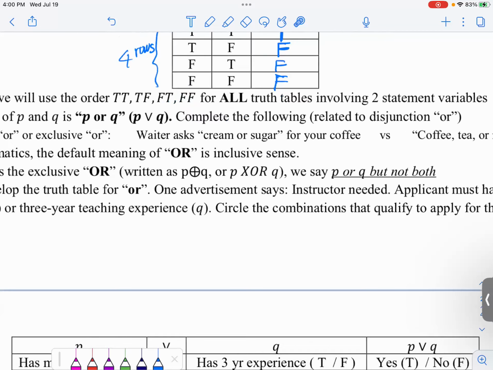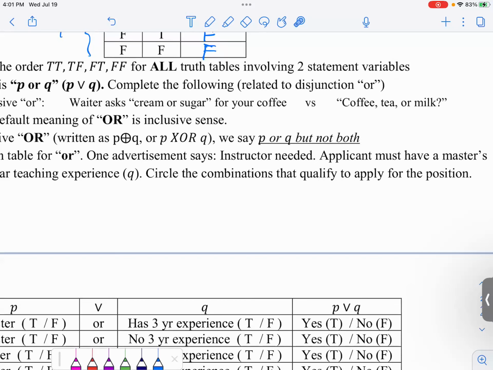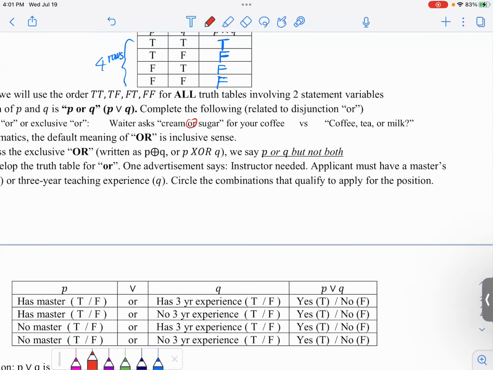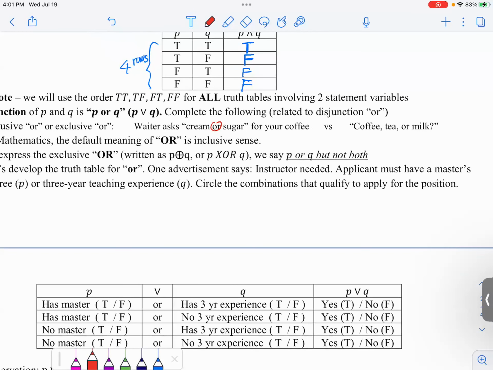For instance, the book provides one example: when you go out to eat and a waiter asks you cream or sugar for your coffee, you could certainly have cream and at the same time sugar. So you could have either just cream only, or sugar only, or both, right? So in this case, the waiter's or is inclusive, which could include both.